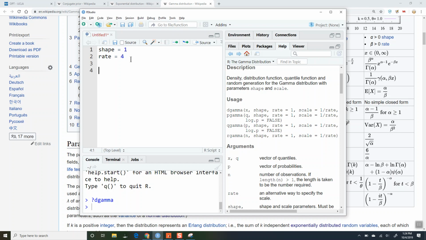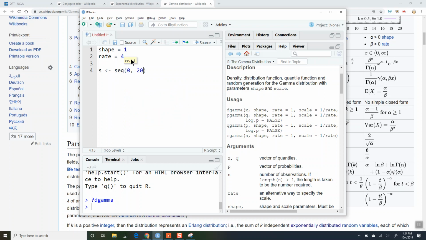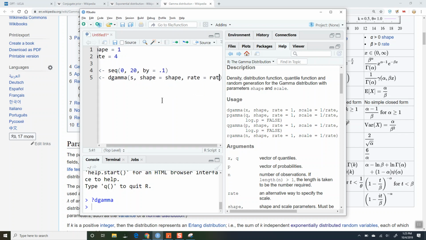And I'm just starting off here, and we're going to create a sequence from, say, 0 to 20, and we'll go by equals 0.1, and then our density, I'll just call this D, will be dgamma of the values in our sequence using shape equals shape and rate equals rate.